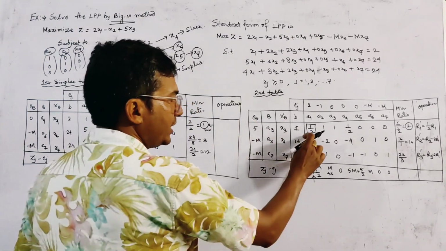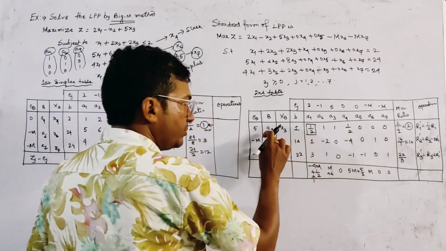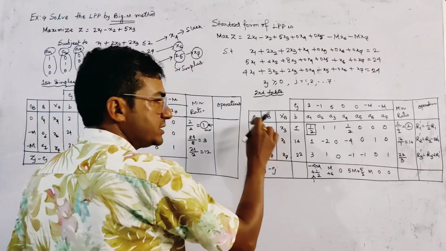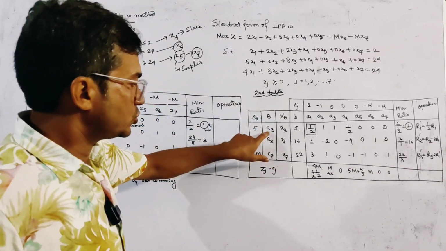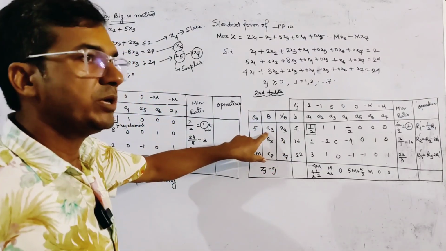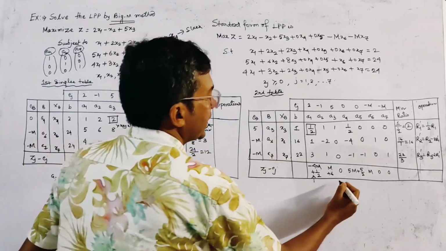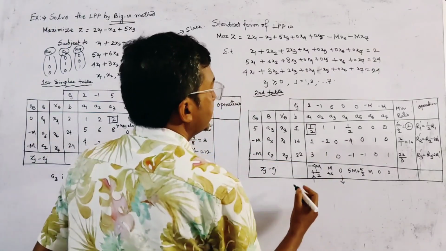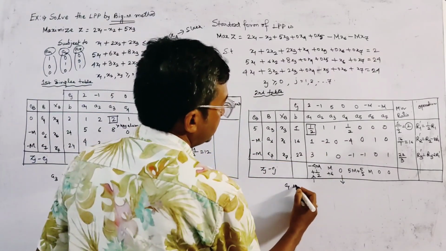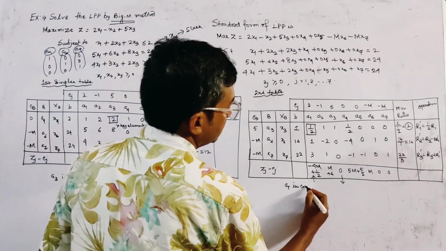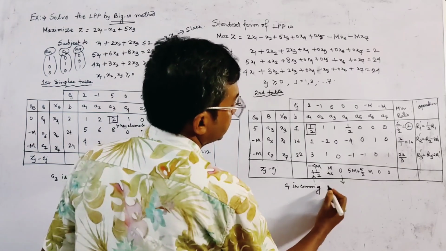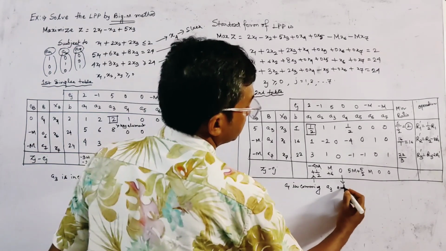Okay, and clearly in the key row there is the vector A3, and it shows that A3 is the outgoing vector. Here we write A1 incoming and A3 outgoing.